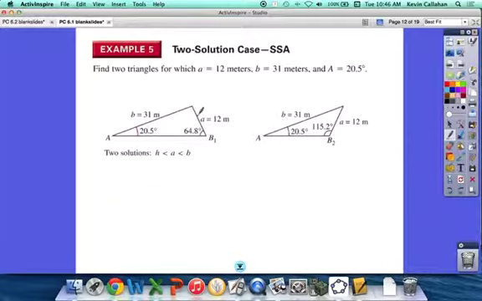So those three values don't necessarily give us one triangle. There's two different possibilities with those exact measures. This is where we're going, but I just wanted to show it right there. In both cases, the angle is the same, side B is the same, and side A is the same. It could either be here and reach to the other side of the triangle, or it could be over here. In one case, B is acute, in one, it's obtuse.